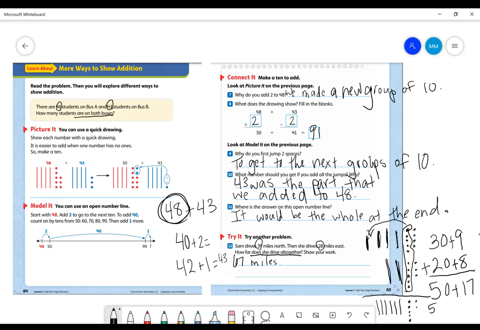Now I can have 50 plus 17. 17 has how many groups of 10? One group of 10, and it has 7 ones left over. So 7 ones, and then 5 tens plus 1 ten makes 6 tens, which is the same as 60. So 60 plus 7 is 67.